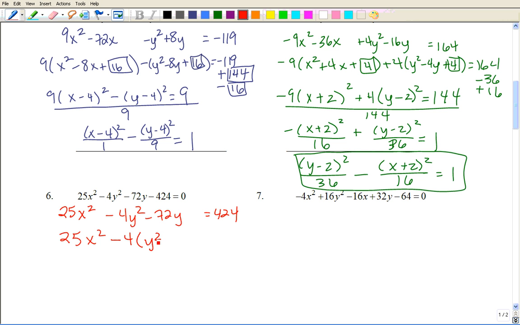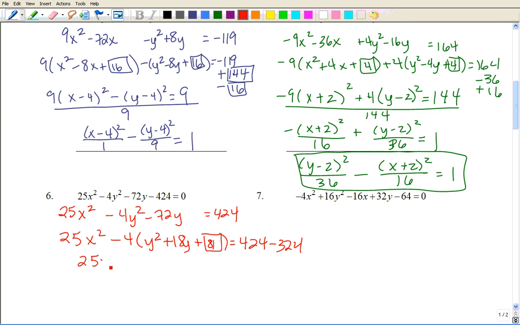So we'll have y squared plus negative 72 divided by negative 4. We'll get 18. And then 18 divided by 2 is 9. Squared is 81. But we didn't really add 81 here. We added negative 4 times that, which will actually end up being a negative 324.